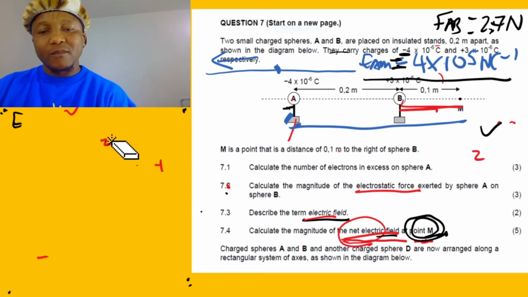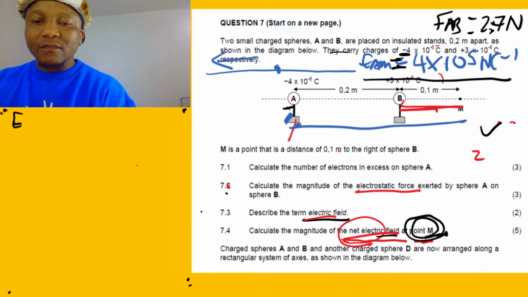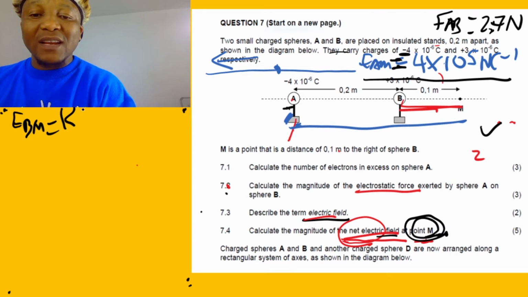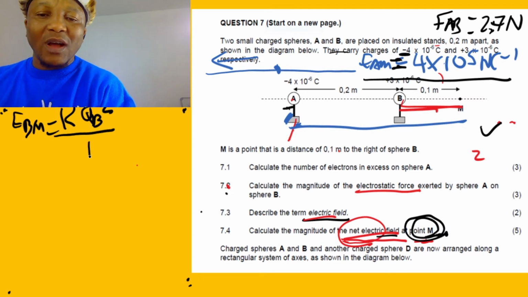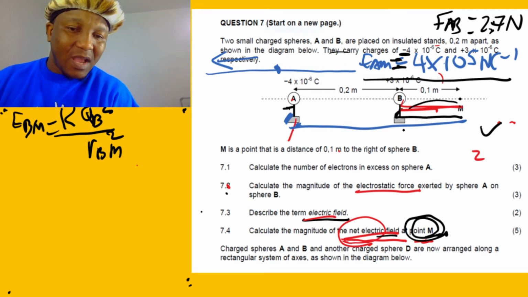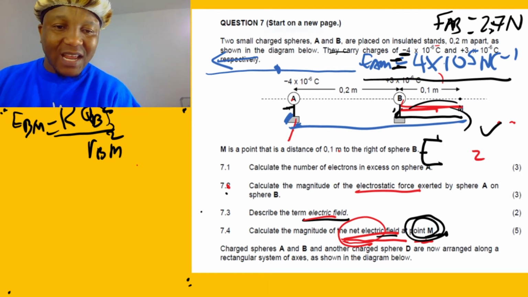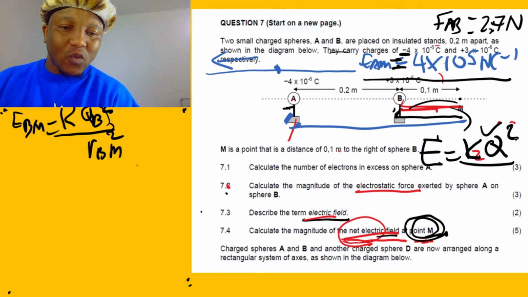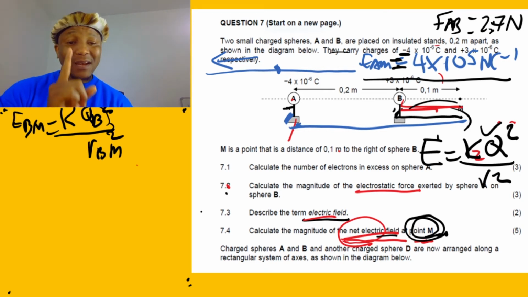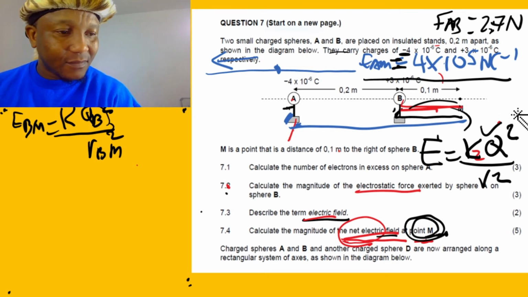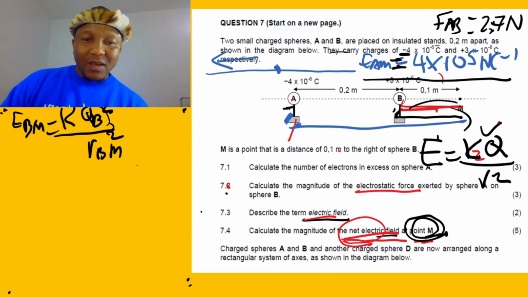Electric field of BM. So now we're going to say electric field of BM equals the electrostatic constant times the charge of B over the square of the distance from B to M. Oh, sorry, I made a mistake here.